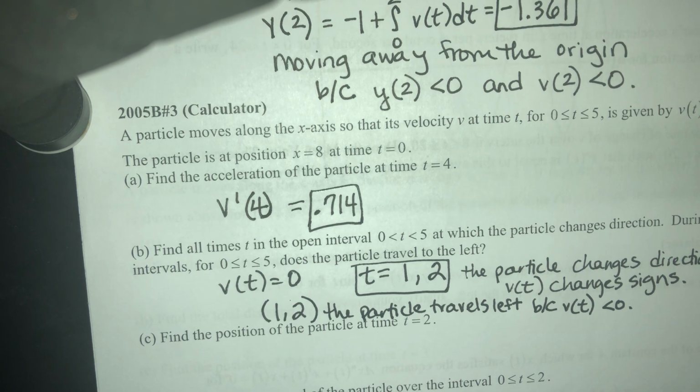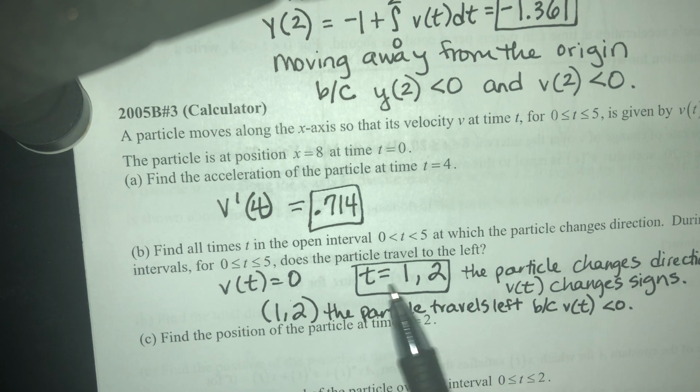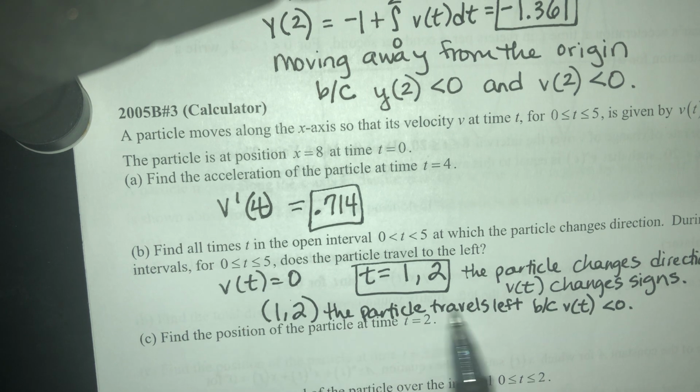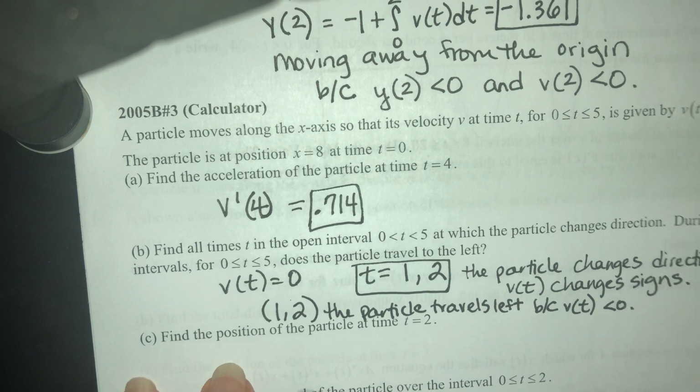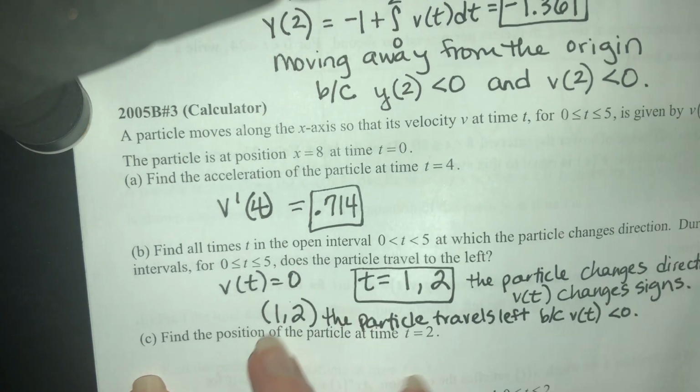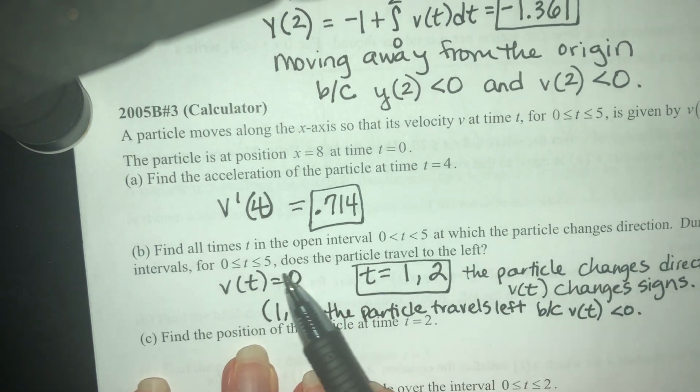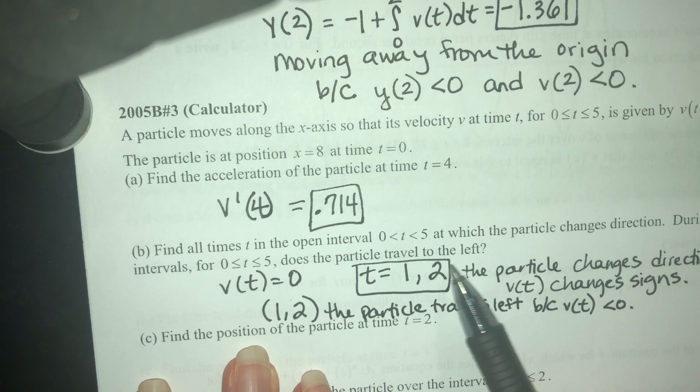All right, that part B is worth 3 points. Wow. So you get 1 point for setting v of t equal to 0, 1 point for saying the direction changes are at times 1 and 2, and 1 point for giving this interval with a reason. Notice in the problem it didn't say give a reason for your answer. It just said during which time intervals from 0 to 5 does the particle travel to the left.